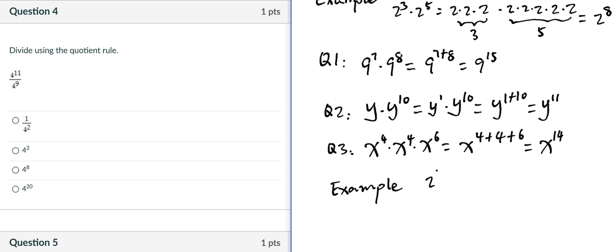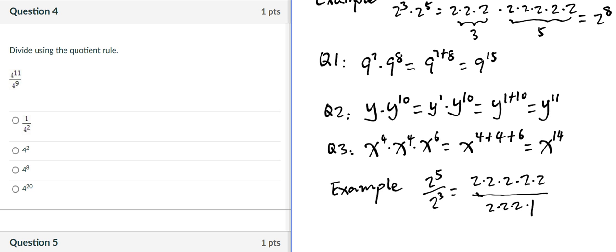When you have 2 to the 5th divided by 2 cubed, what you have is 2 times 2 times 2 times 2 times 2, 5 times. Downstairs is 2 times 2 times 2, 3 times.